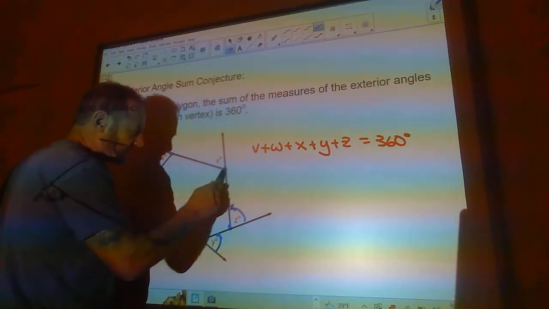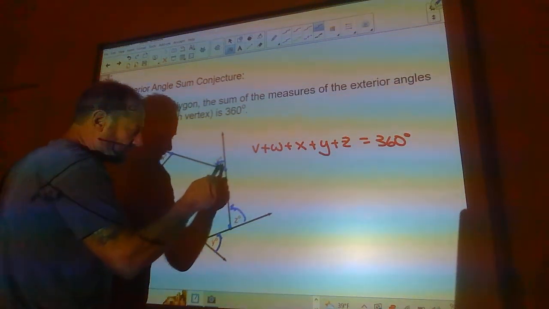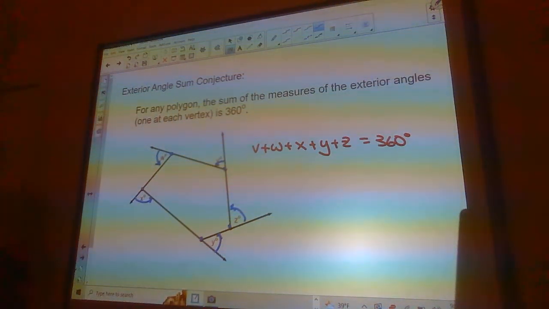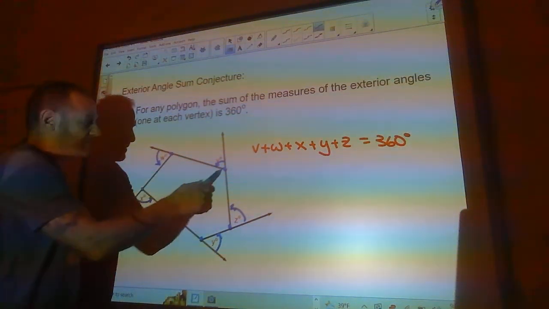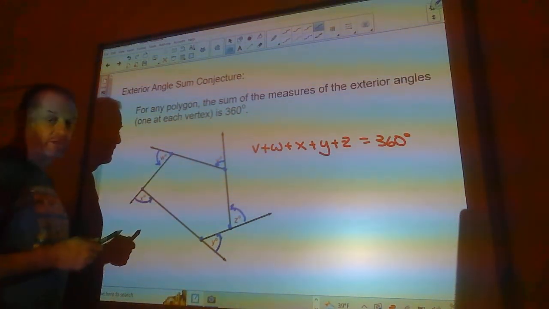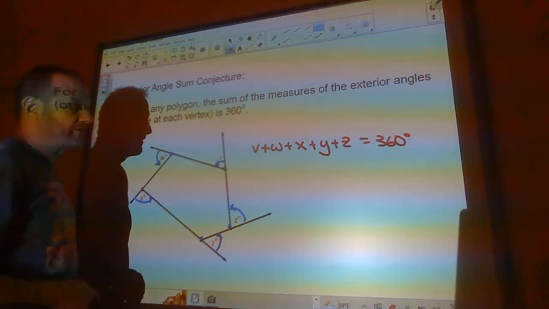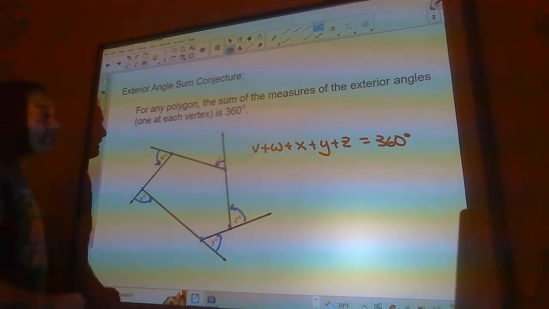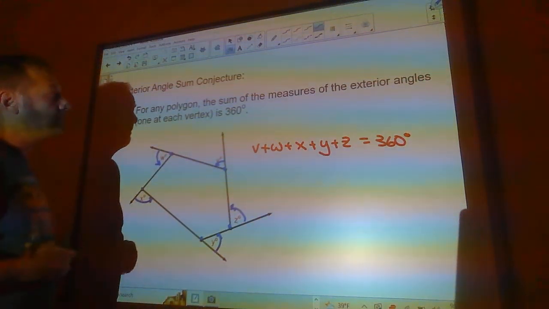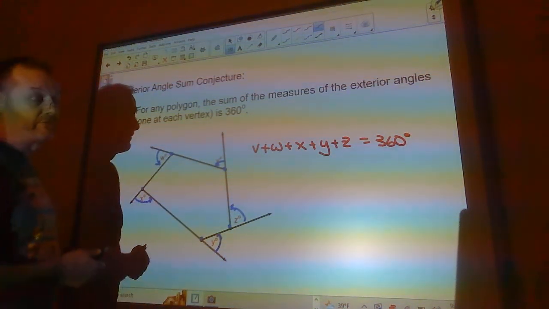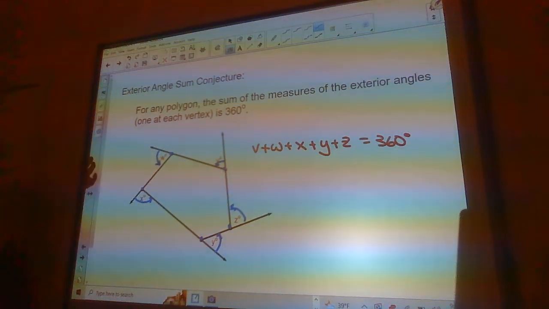And I walk back to where I started, and I turn that number of degrees. What did I do? Well, I essentially just turned in a circle. I'm going the same direction that I was originally. How many degrees in a circle? There's 360. And it doesn't matter how many sides or corners this thing has, it's always going to add up to 360 degrees.